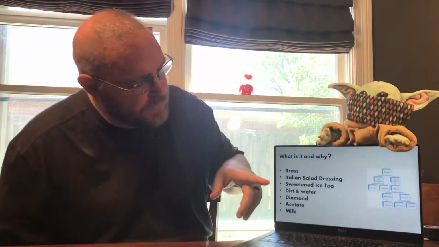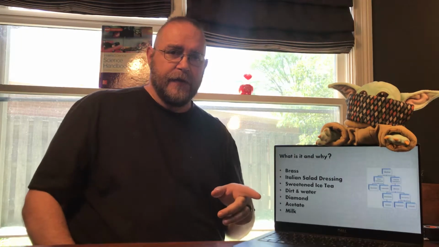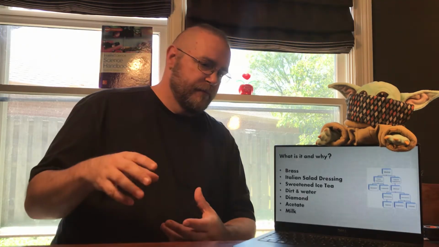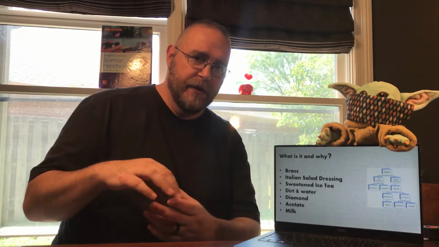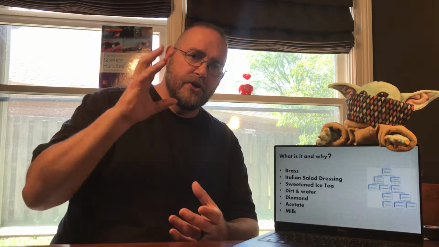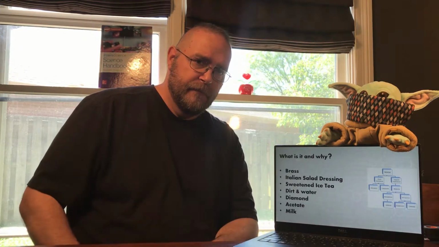All right, next on here we have dirt and water. This is a cool little thing that you can do at home. Just get yourself a couple of handfuls of dirt, put it in a mason jar, add some water, close the lid, shake it up real good, and then leave it and don't touch it.